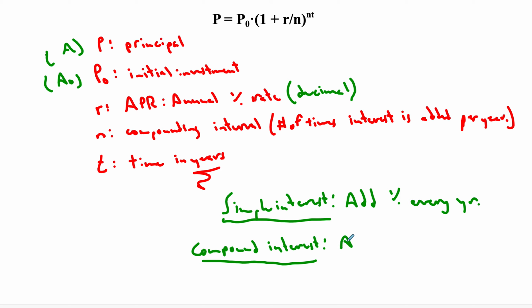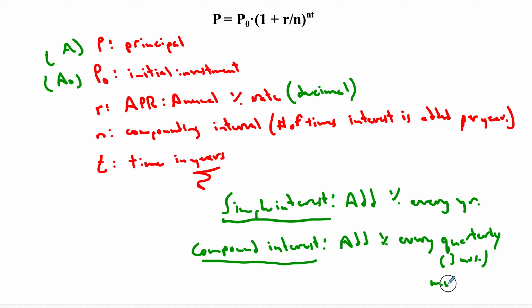So that means there are several different ways to add percent. Most of the time with banks you could talk about what is called quarterly, aka every 3 months.